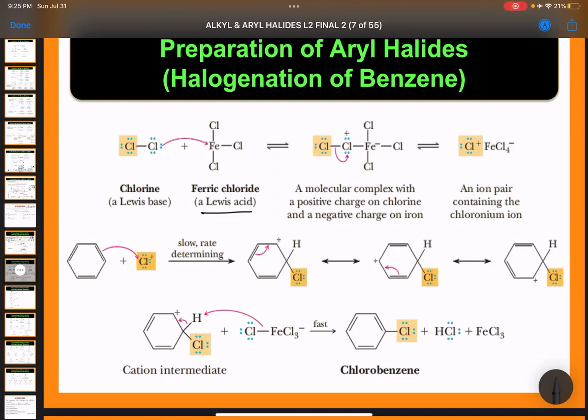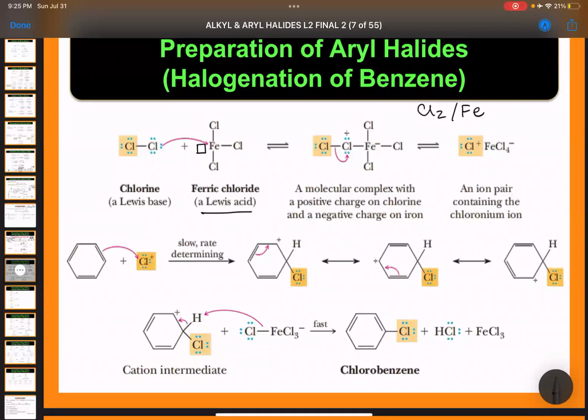Yes, it has empty orbitals. Very good, I will put a box. That's the key thing. So FeCl3, AlCl3, or you can take Fe also. Don't get confused, sometimes it is written as Fe, because the Fe will react with Cl2 and form FeCl3.